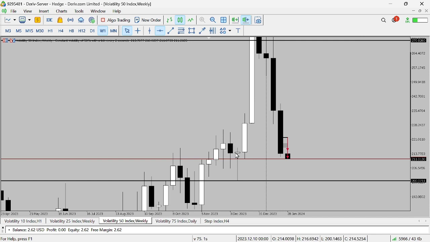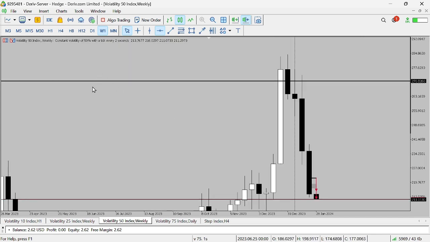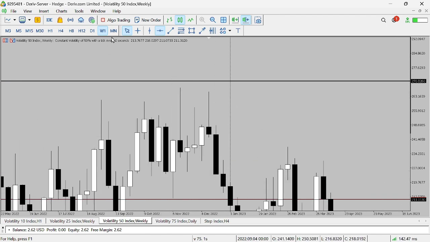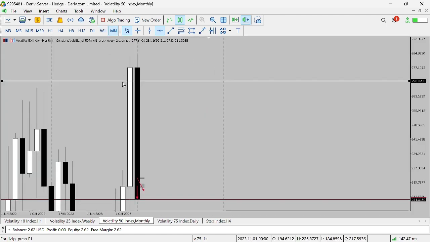But we don't want to see weakness around such a strong area. This is a very strong area. Look at the move away with this huge fair value gap and an order block. We don't want to see weakness around this area at all, especially when we've hit another higher time frame level on the left side. You can see we've cleared all these highs. Let me go to the monthly.